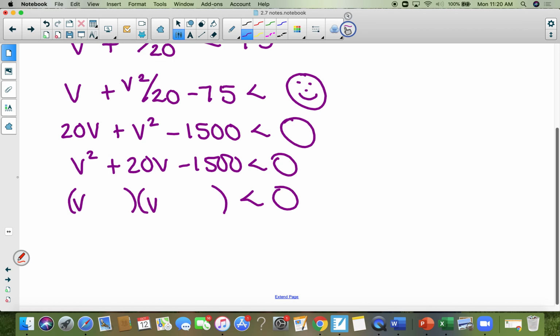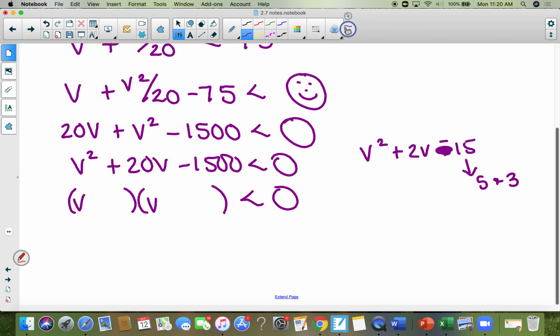Factors of 1500 that will give you 20 in the middle. I bet you've never factored 1500. You can go over here though and get rid of the, whoops, that's supposed to be a negative. So all I did was take away the 0 for the 1500 and made it 15, and I took away the 0 for the 20 and made it 2. And a lot of you know the factors of 15 are 5 and 3.